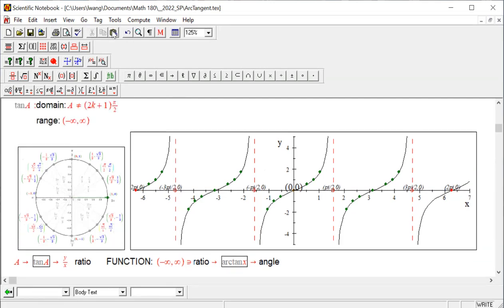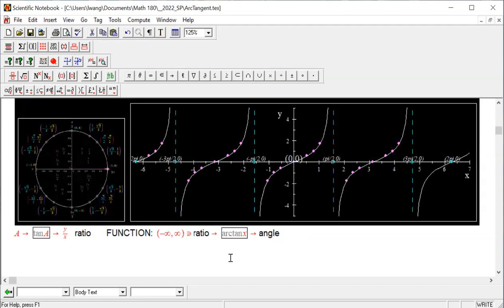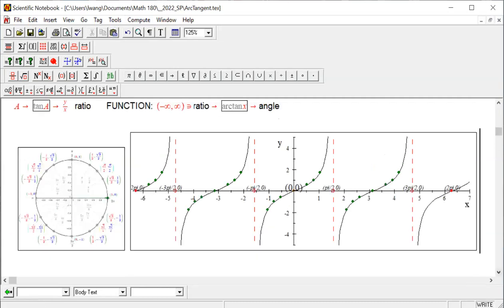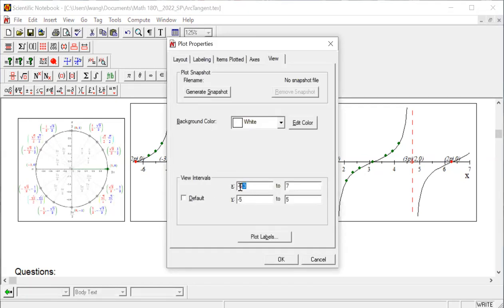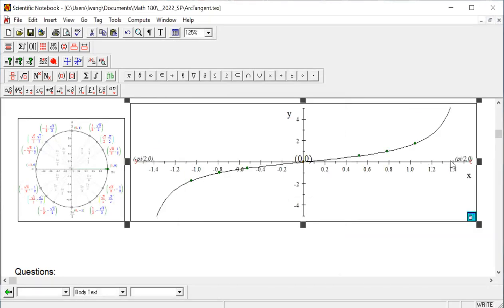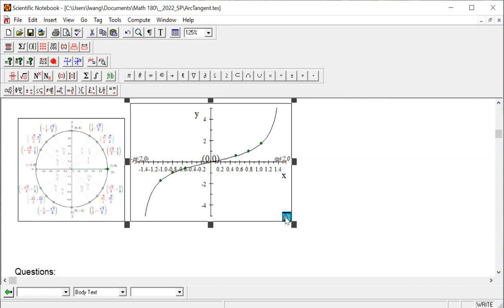Since we want to create a new function arctangent, we're only going to look at this piece and create an inverse for the piece in the middle. So for that, I'm going to adjust the graph. The graph is only going to be from this piece, and the rest we don't need anymore.